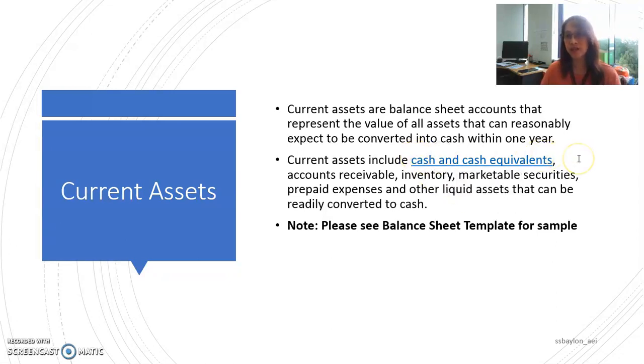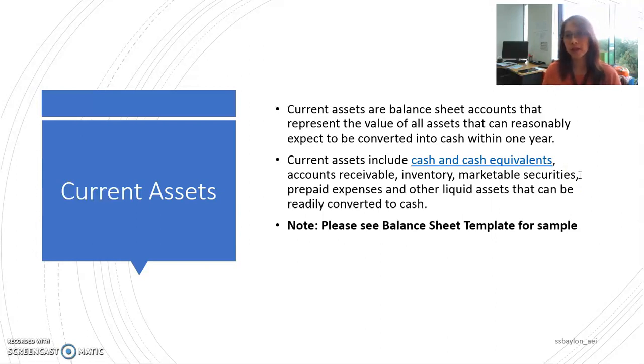Cash and cash equivalents, you know for a fact that this would be your cash in banks, anything that you have as cash in the organization. Accounts receivables, definitely this would be your expected money to be received in the future. Inventories, these are your stocks that are not yet sold. Marketable securities, try to determine stocks which are sold.